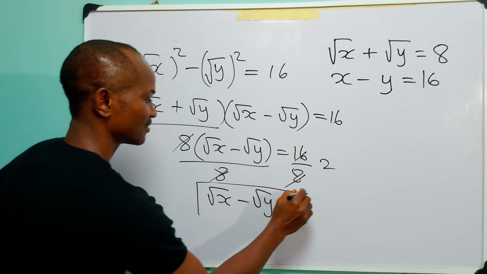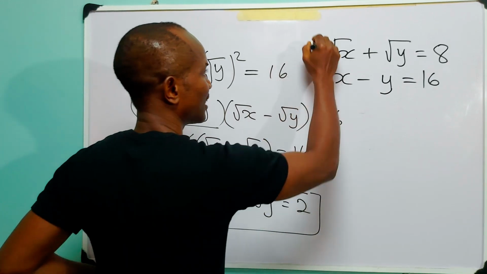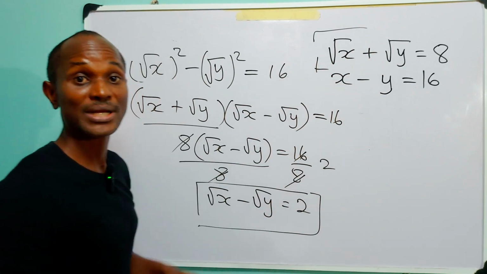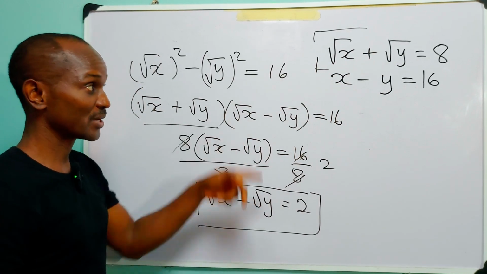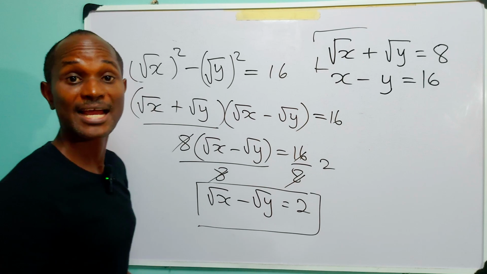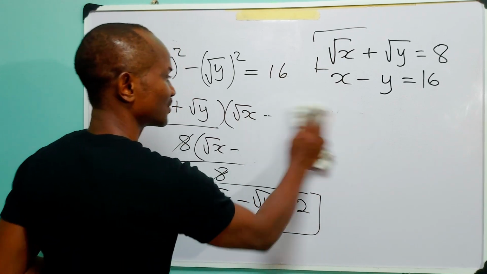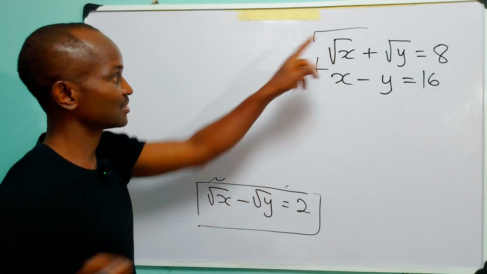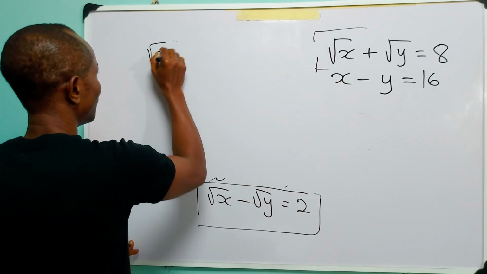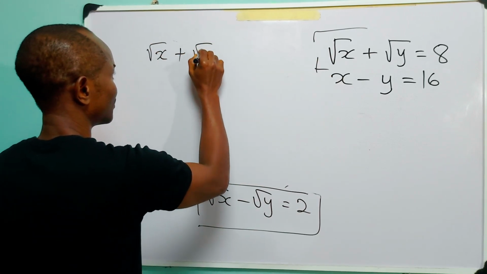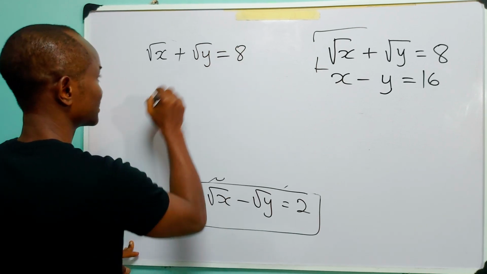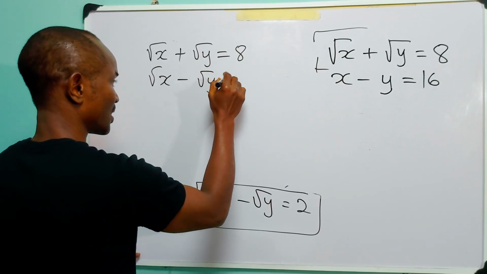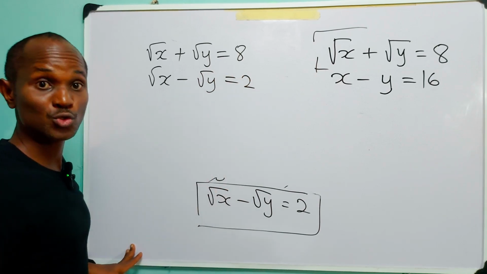Now we have this equation, and we have this equation, and they have the same variables, root x and root y. So we can solve this and this simultaneously, and that is exactly what we are going to do. So now our first equation is root x plus root y is equal to 8, and our second equation is root x minus root y is equal to 2.